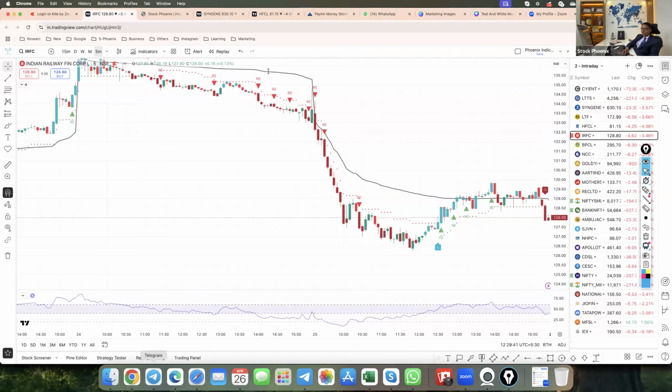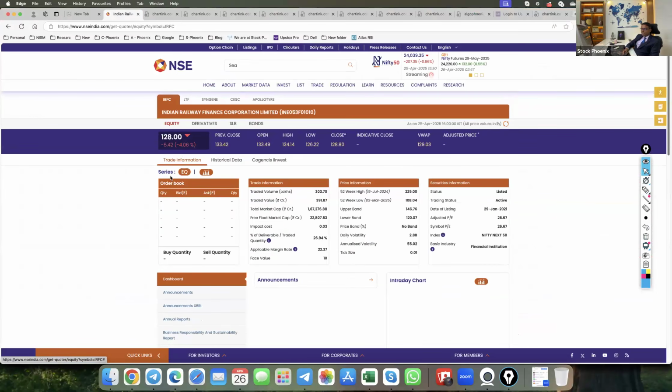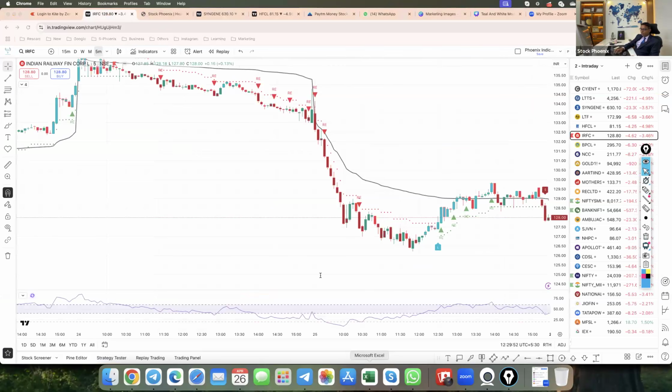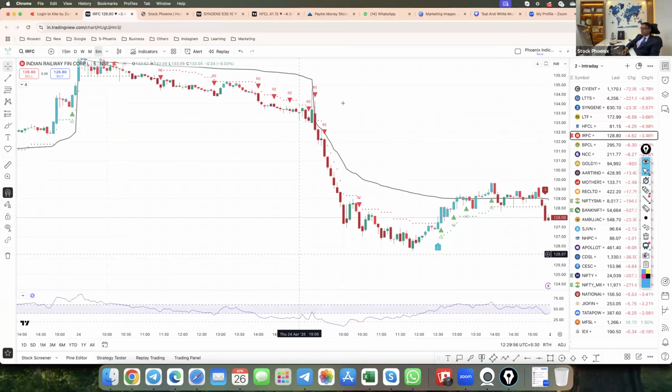Let me see IRFC. Let me show you one more example. IRFC derivatives, the lot size is 3525, and the market is trading at 135. We can go for the 130 put or 125 put, or even the 120 put is fine.